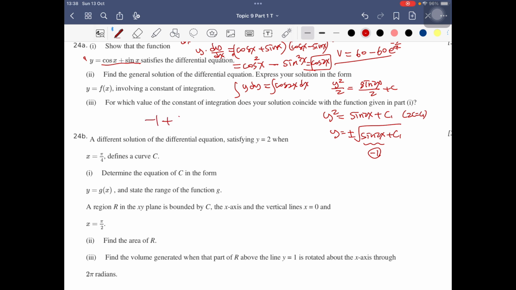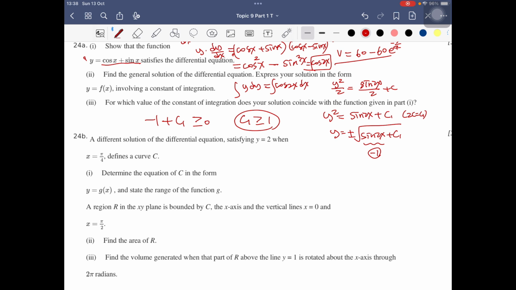So negative 1 plus c1 should be larger than or equal to 0. So c1 should be larger than or equal to 1 to guarantee the numbers in the square root are valid.